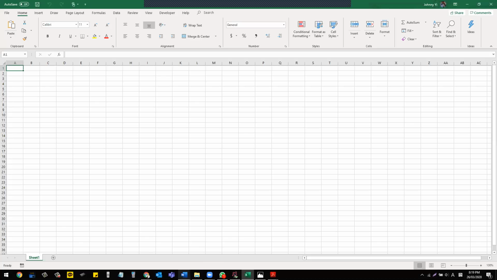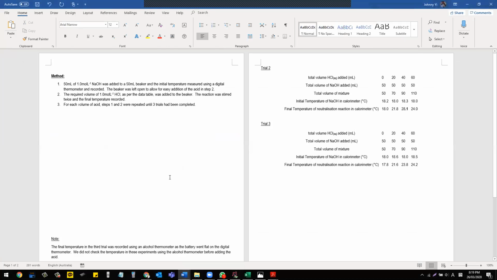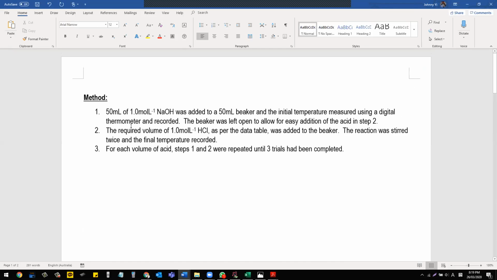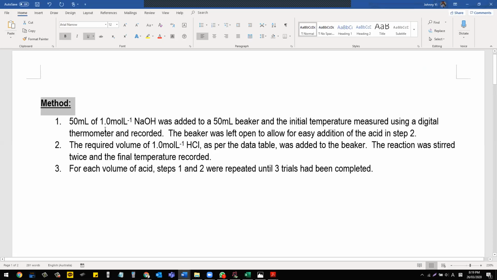What your teacher has done here. Now, first of all, there's a problem with this method because you have 50 mL of 1 mole per liter NaOH added to a 50 mL beaker.